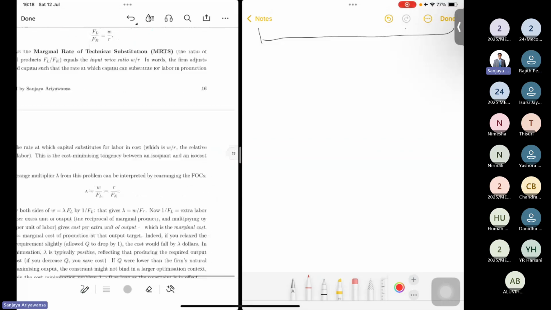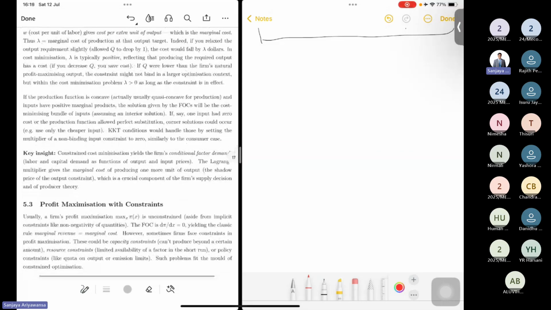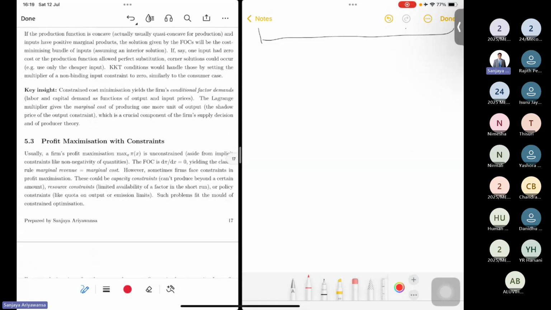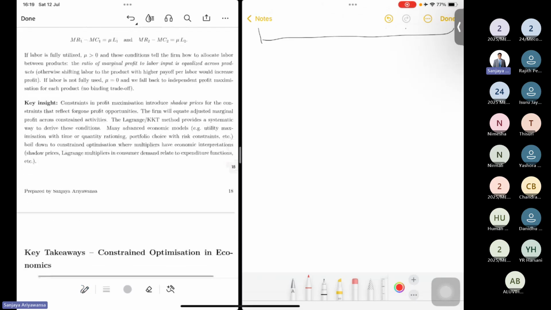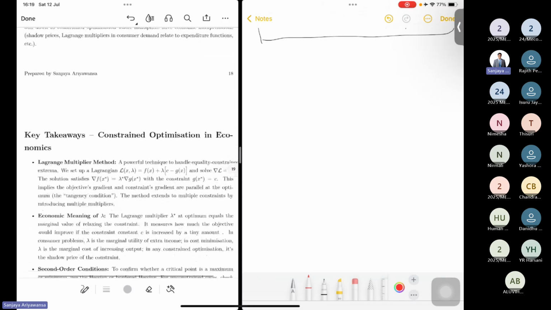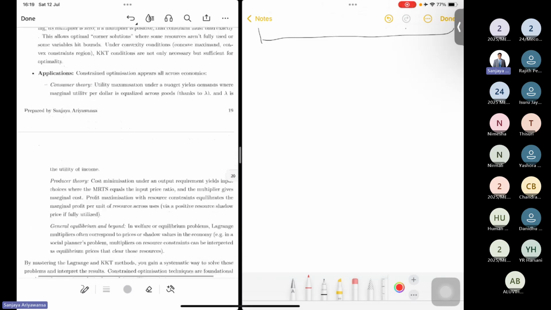And another type of problem is a firm trying to maximize profit, right? So these are some economic applications of constrained optimization.